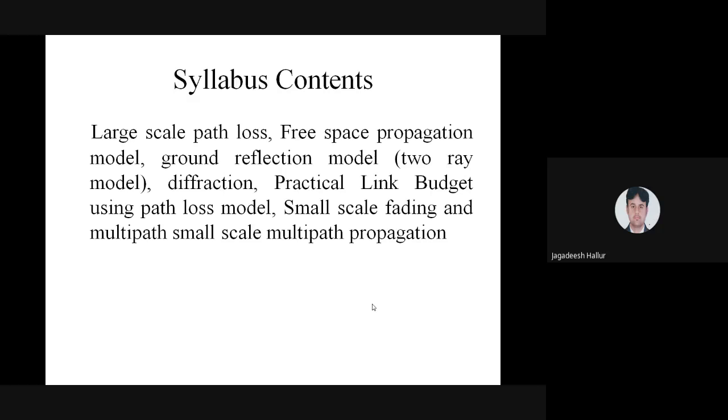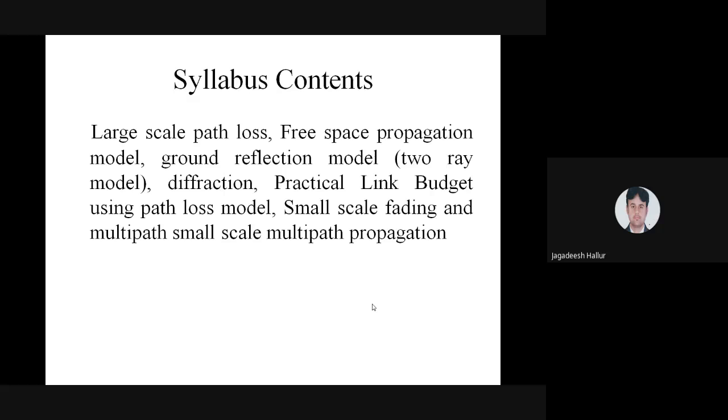And next, practical link budget using path loss model. In this, we mainly use two links: one is uplink, one is downlink. Other names for them are forward link and reverse link.